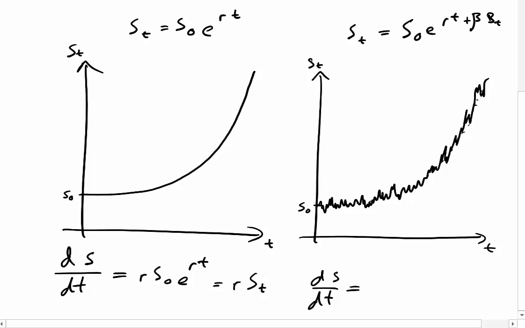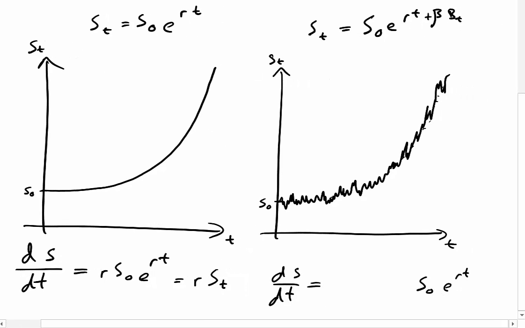Well, it's this multiplied by the derivative of this power. So in other words, it's going to be S naught e to the rt plus beta Bt, multiplied by the derivative of this power.